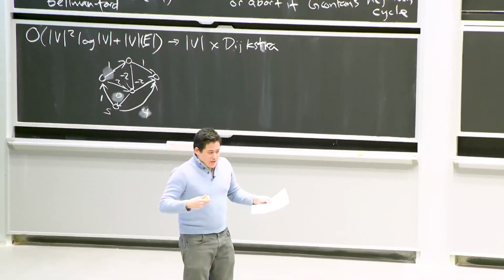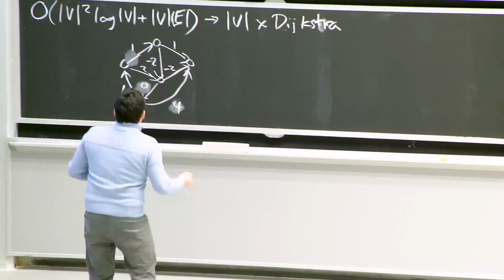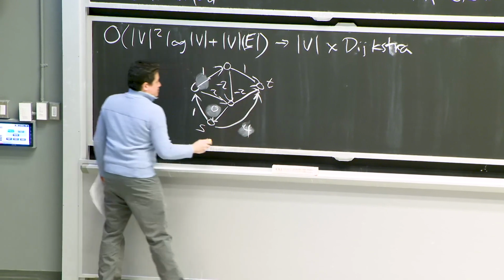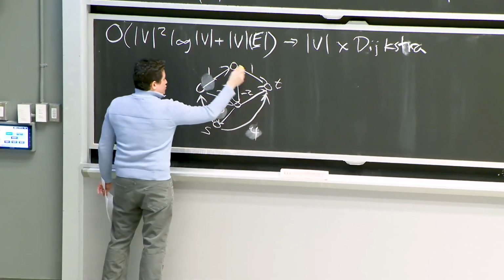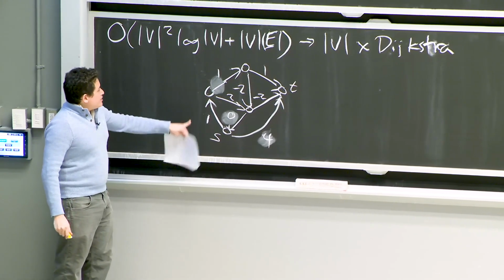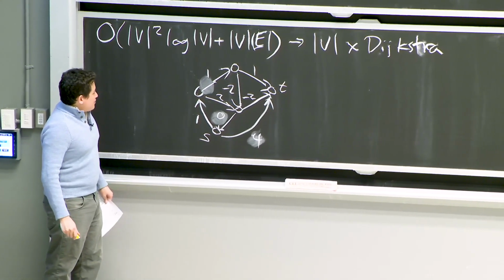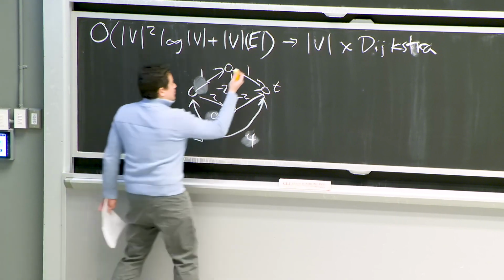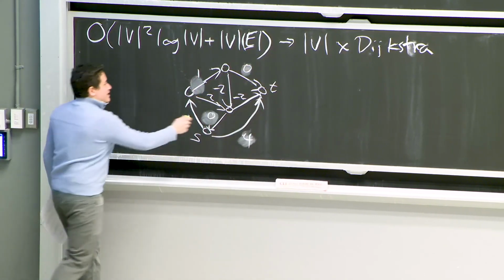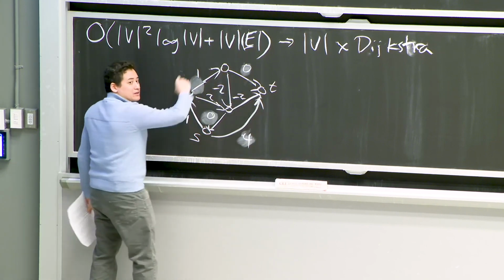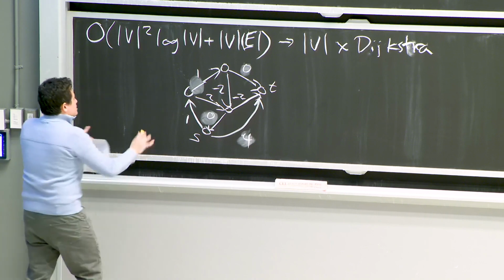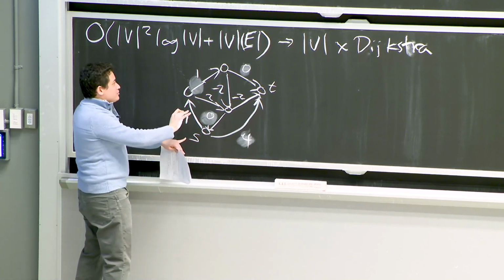Basically, the shortest path from S to T here is 1, 2, 3, right? I could change edge weights in this graph. Say, for example, if I changed 1 to 0 here, that would still make this a shortest path. I've reweighted the graph. Shortest paths have to be the same in this graph.